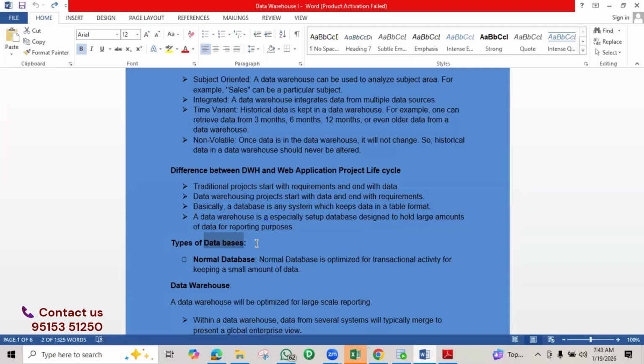Whatever sales are going on, she maintains all the information in her computer, so that computer is her database. Imagine Kiran is the owner of a medical shop. He maintains all the sales information in his notebook, so that notebook is a database for him.